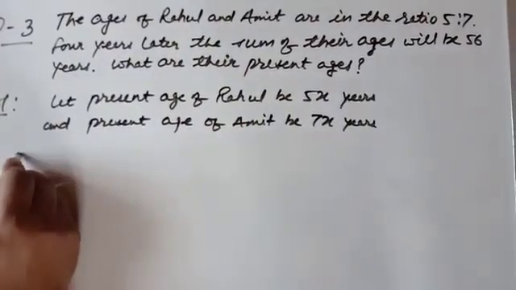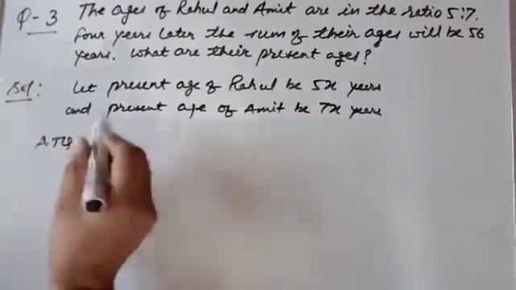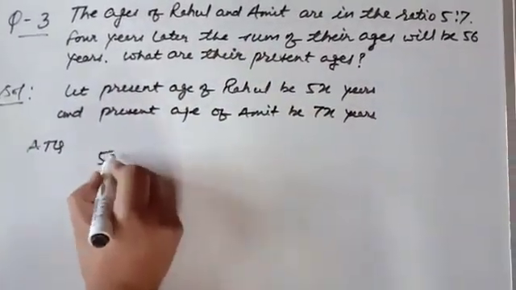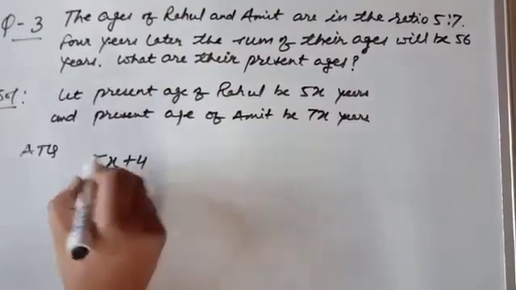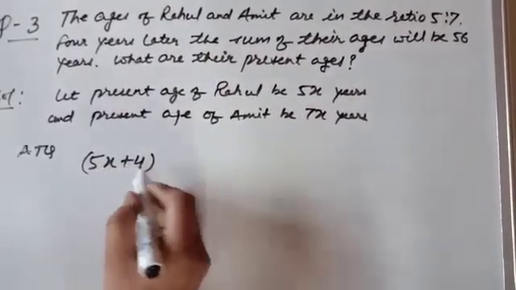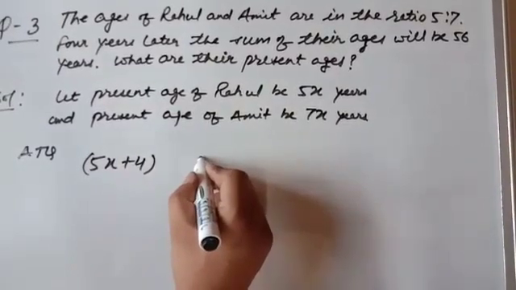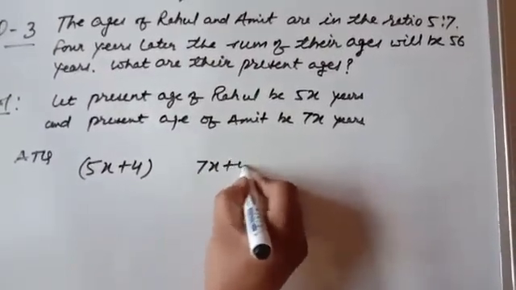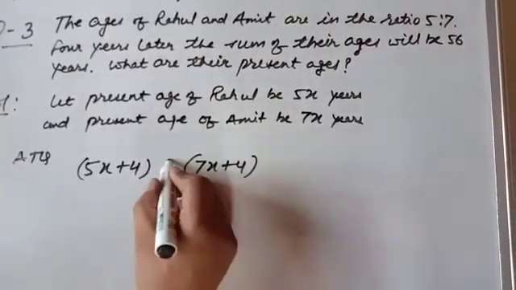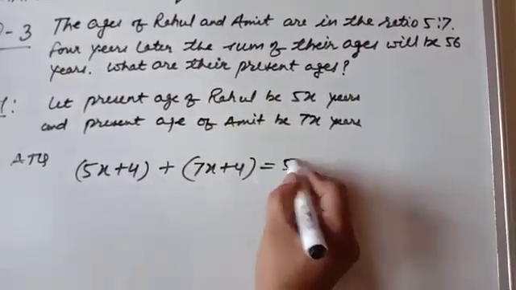So according to the question, the condition is 4 years later. So after 4 years, the age of Rahul will be 5x plus 4, and the age of Amit will be 7x plus 4. The sum of their ages is equal to 56.